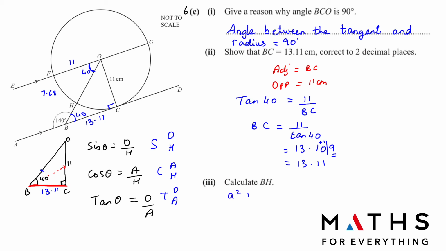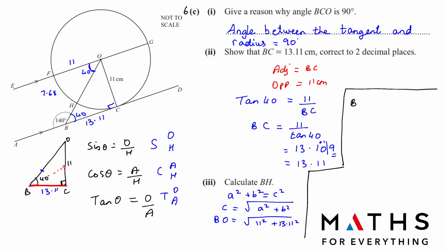So it is a squared plus b squared is equal to c squared, where c is our hypotenuse. So if you want to find c, you will write square root of a squared plus b squared. Our hypotenuse is BO, and the other two sides we have are 11 and 13.11 squared.